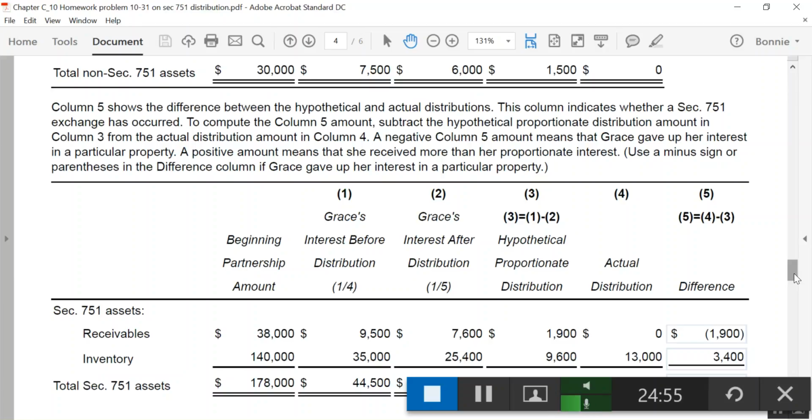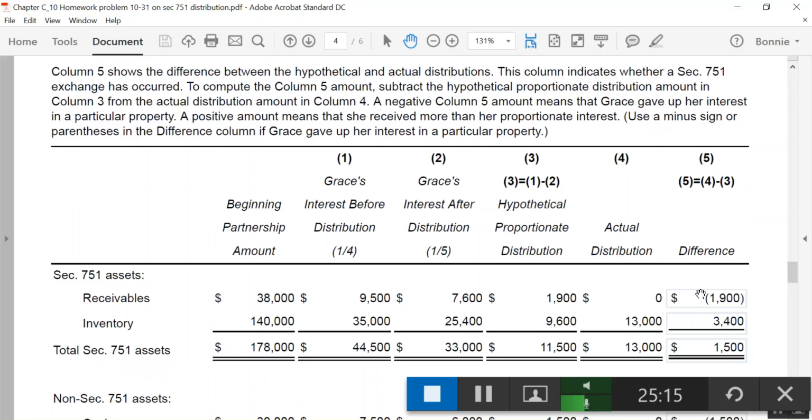If you get a negative amount in column 5, it means that Grace actually gave up her interest in a particular property. So in other words, if we have a negative amount, she gave up an interest. So here's a negative amount here in column 5. So her interest in the hypothetical distribution would have left her with $1,900 worth of receivables, hypothetically, if it was proportionate.